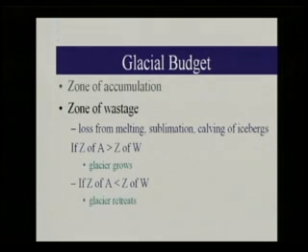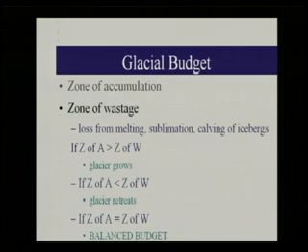In that case, the glacier is retreating. Now, what happens if the zone of accumulation, the amount added by snowfall, is equal to the amount that's lost through melting, sublimation, and calving? We have a balanced budget. If only our government could do the same.